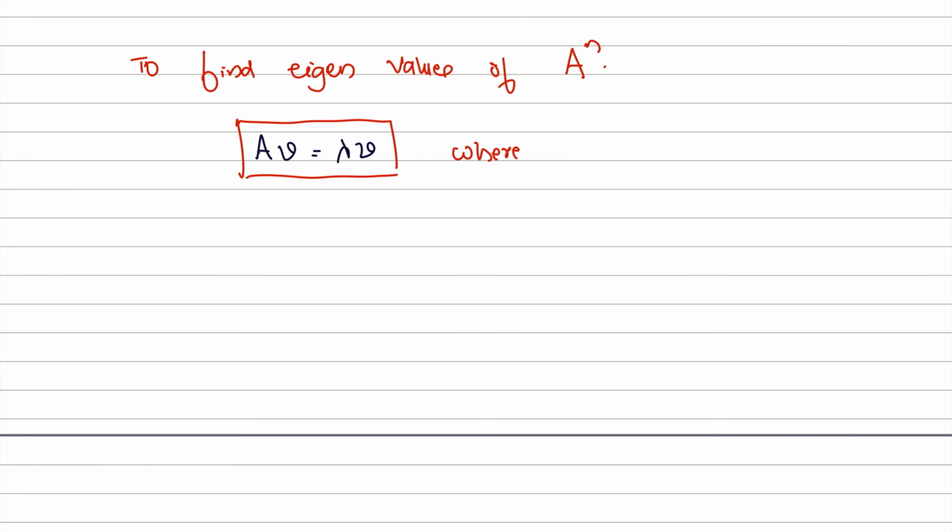Please remember this. This is another concept which you have to remember. This is from the definition of eigenvector, AV is equal to lambda V.